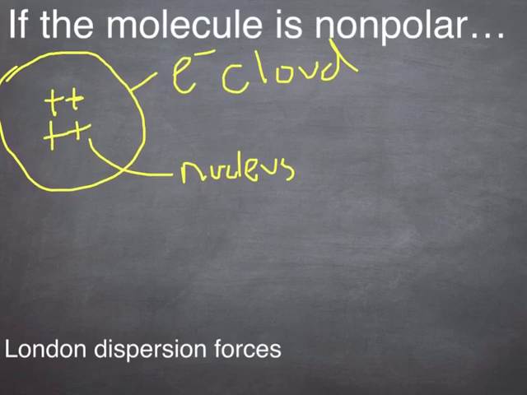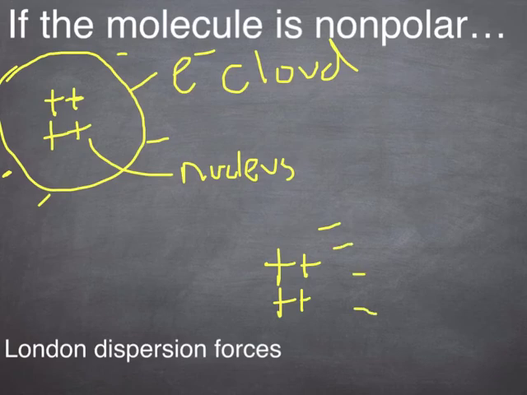Okay, now, we know that these have negative charges associated with them, right? Okay. Now, here's the thing. In an electron cloud, the electrons are constantly moving. And because they're constantly moving, there may come a time when most of the electrons, or the majority of the electrons, end up on one side of the atom and not so much on the other.